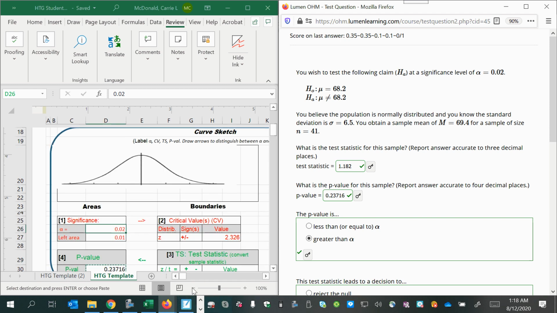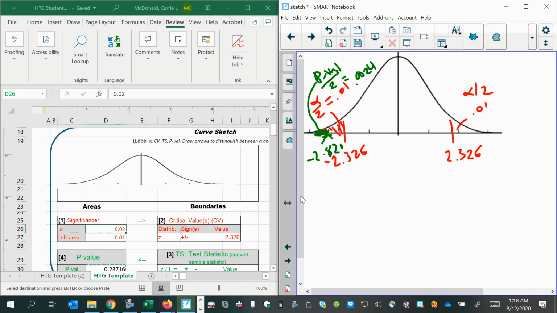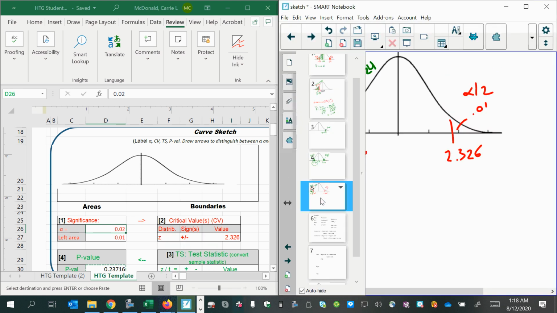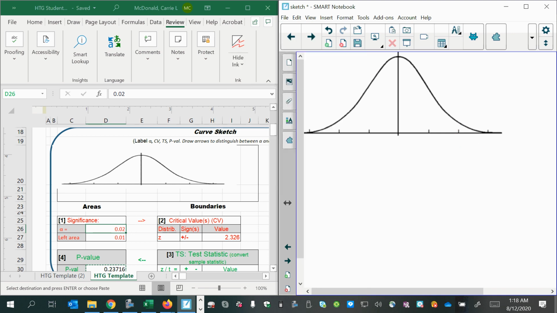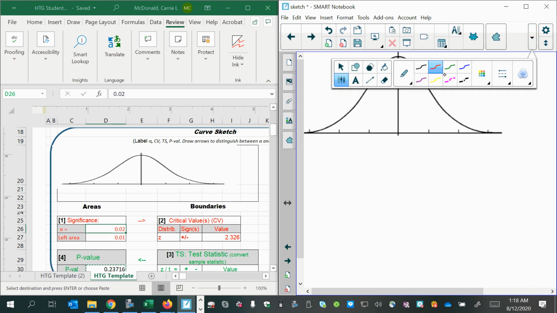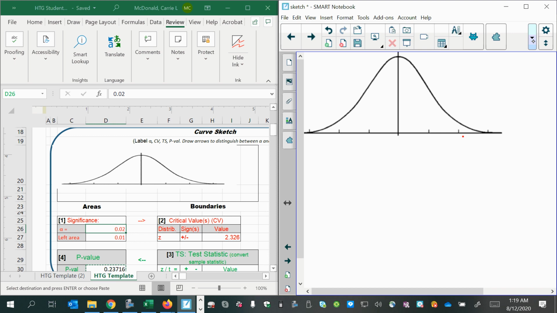So let's look at the sketch. That's the whole point of doing these values, because it gives us an overview of the test. So our critical value is on both sides of the picture here.